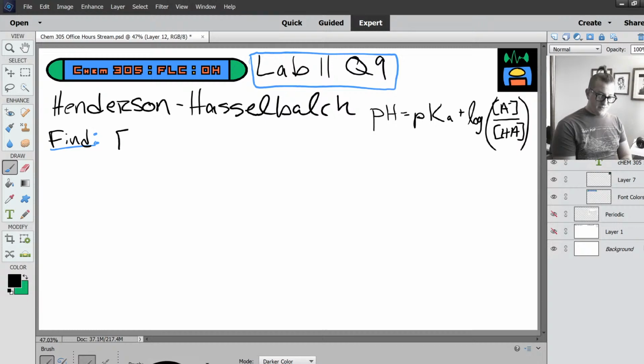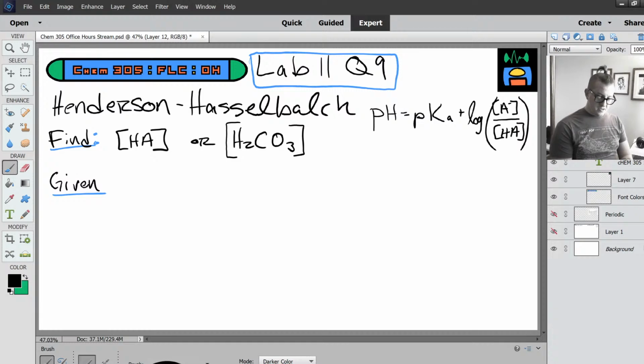So we're asked to find the molarity of HA. Look at what we're given. HA, to be more specific, is carbonic acid, H2CO3. We're given our pH.